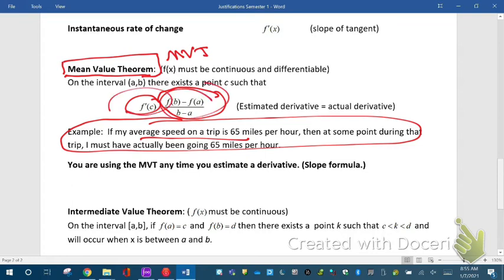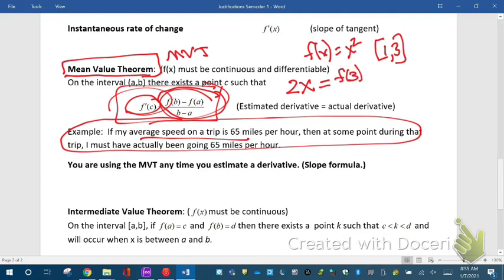Okay, so when you do this type of problem, they might give you, and I give you one on the worksheet today, an equation and a closed interval. If they say, for what values does the mean value theorem apply, you do the actual derivative and set it equal to the estimated derivative, f of 3 minus f of 1 all over 3 minus 1, and solve. Okay?